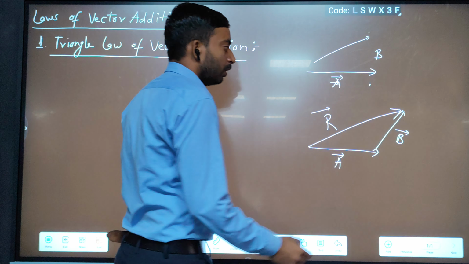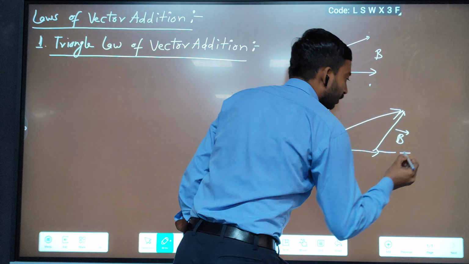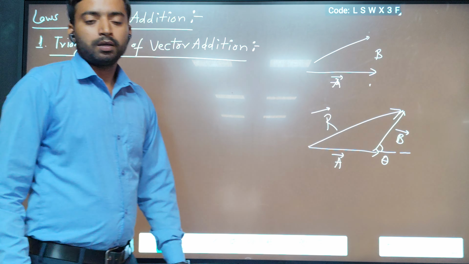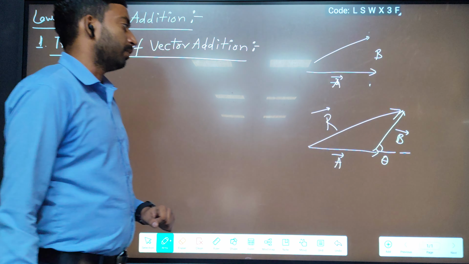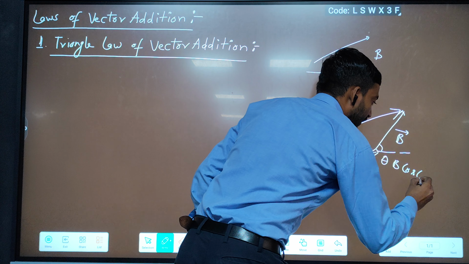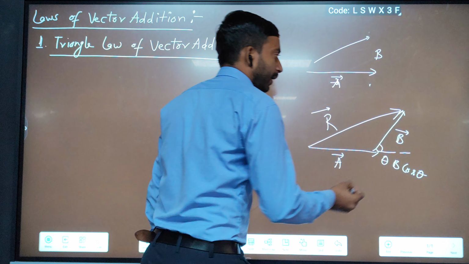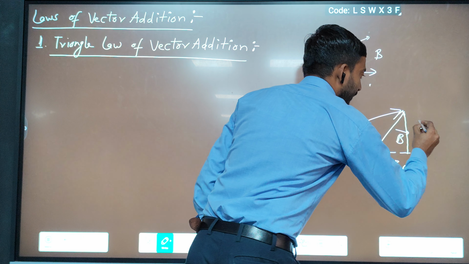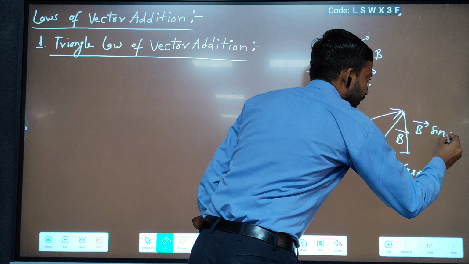Now what we'll do, we'll find the horizontal component of the vector. So this will be B cos theta. And here the vertical component of the vector will be B sin theta.